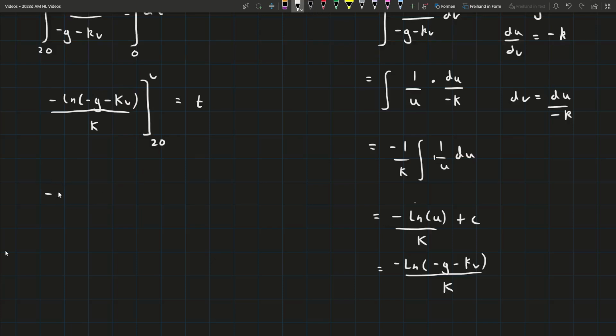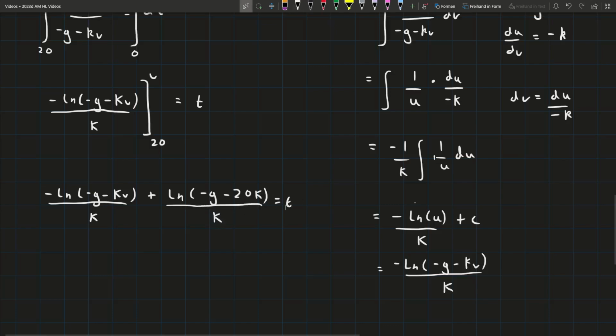So what we'll have is minus ln of minus g minus kv all over k, plus, because we have minus the second bound, the minus and the minus here make a plus, plus ln of minus g minus 20k, because we're replacing that v with 20, all over k. That's equal to t.